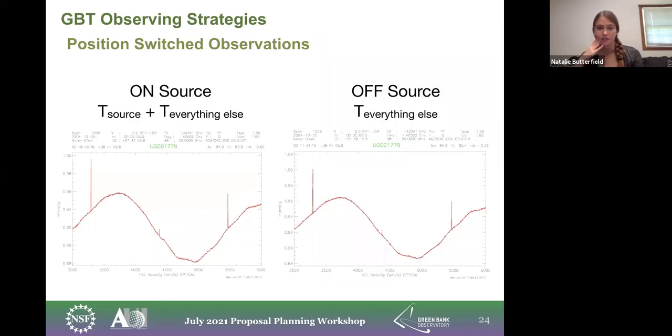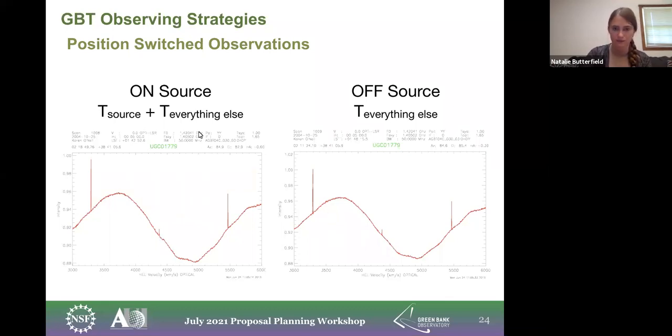All right, position switched observations. This is an example of what position switched observations would look like. You have your figure on the left showing your spectra on source. That's your signal from your source plus everything else: background noise, noise from the instrument, noise from the telescope. And then you have your off source, where you point to blank sky, and you're basically picking up everything else that was in your signal as well. You can see this little blip down here, that is actually the signal.